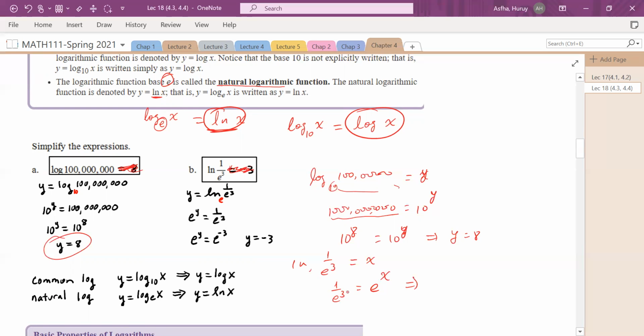This means now we need to rewrite this one. So that will be e to the power of -3 equals e to the power of x, so x is -3. As you can see, this equivalence relationship is so important and so useful. We use it to solve or simplify not only exponential expressions, but even logarithmic function expressions.